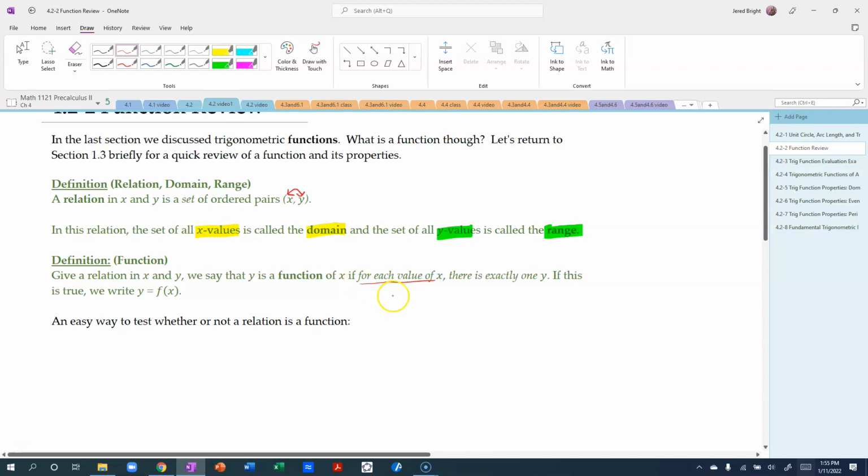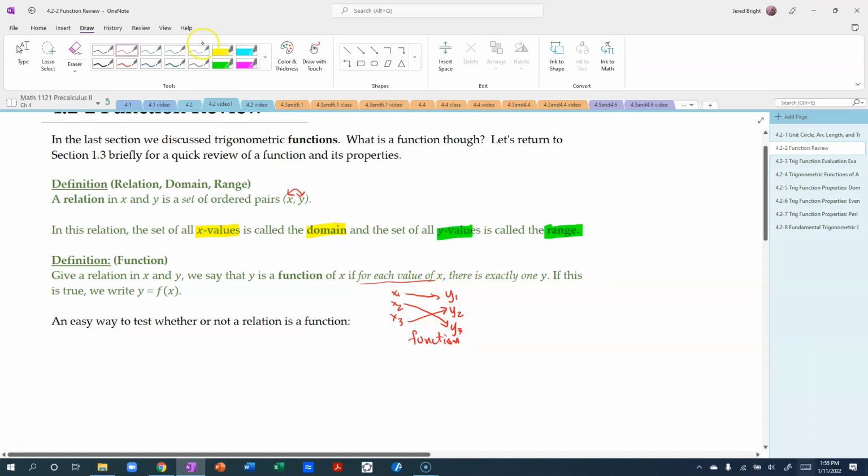Imagine there's x1, x2, x3, different x values, and for each x value there's one y value, so this might be y1, y2, y3. Something like this would be a function, where each x goes to one y.